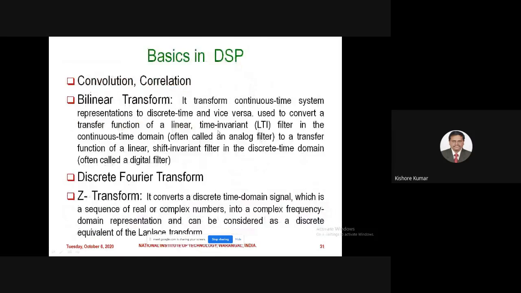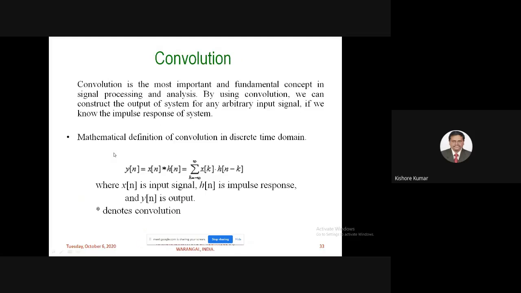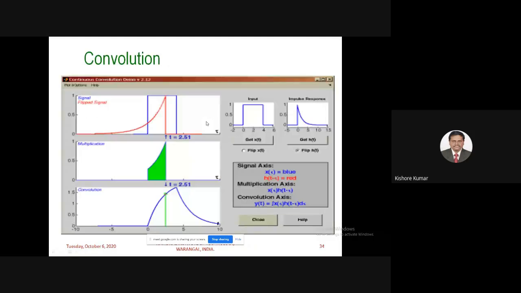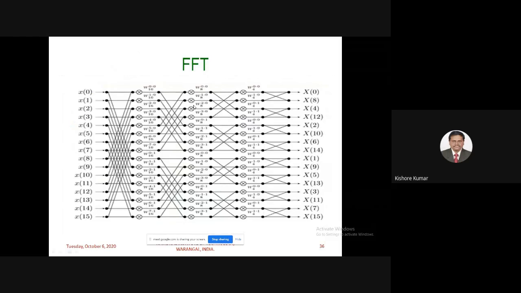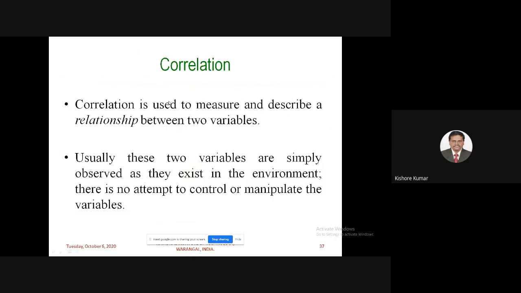These are some of the basics: DSP, convolution, correlation, bilinear transform, discrete Fourier transform, Z transform. These are the very basic techniques that we can use: DFT, FFT, correlation.